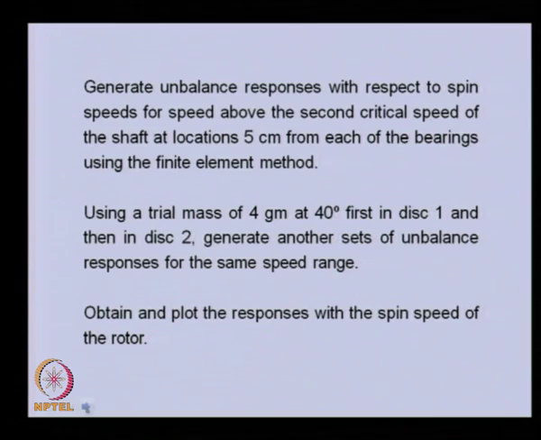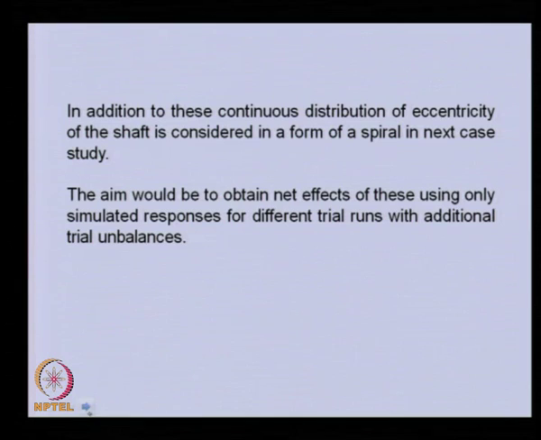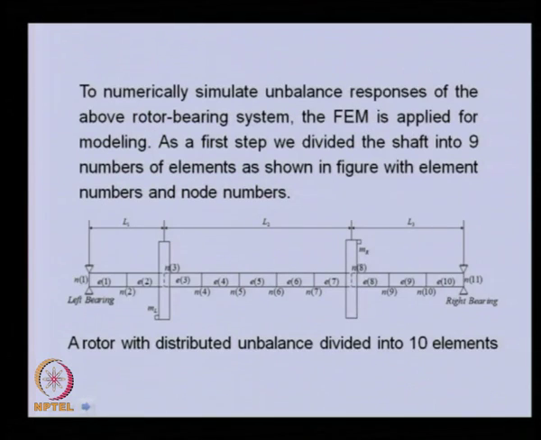So, now let us come to the finite element formulation of this. This is a rotor which we have divided into 10 elements, and the various nodes and elements are mentioned here. All the geometry of the rotor we know. With this we can obtain the elemental equation for a rotor.